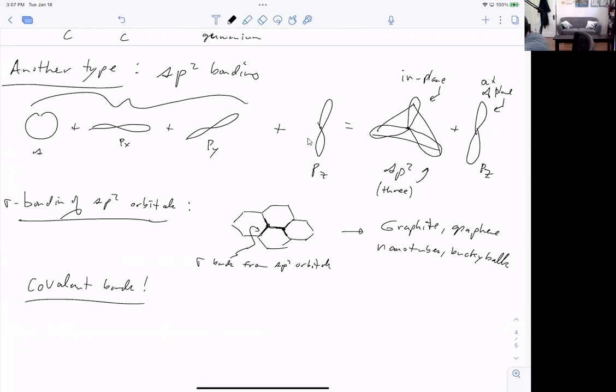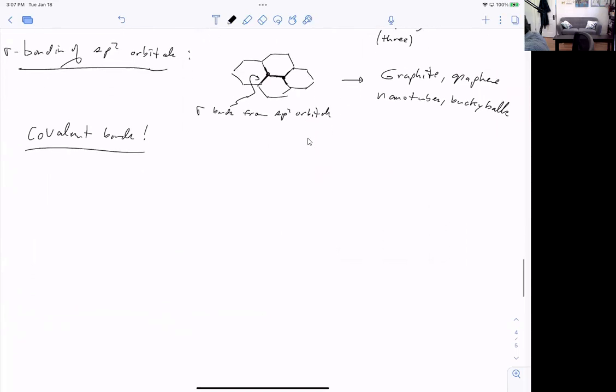Okay, so that's all I want to say about covalent bonds, just to give you a quick introduction. But there's something important about covalent bonds. Let's say I have two hydrogen atoms, and I have one electron here and one electron here, where this vertical scale is energy.